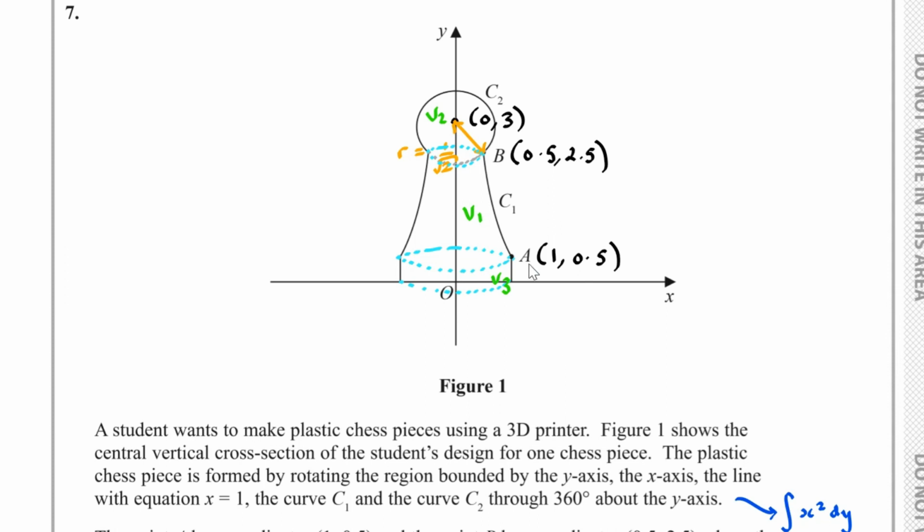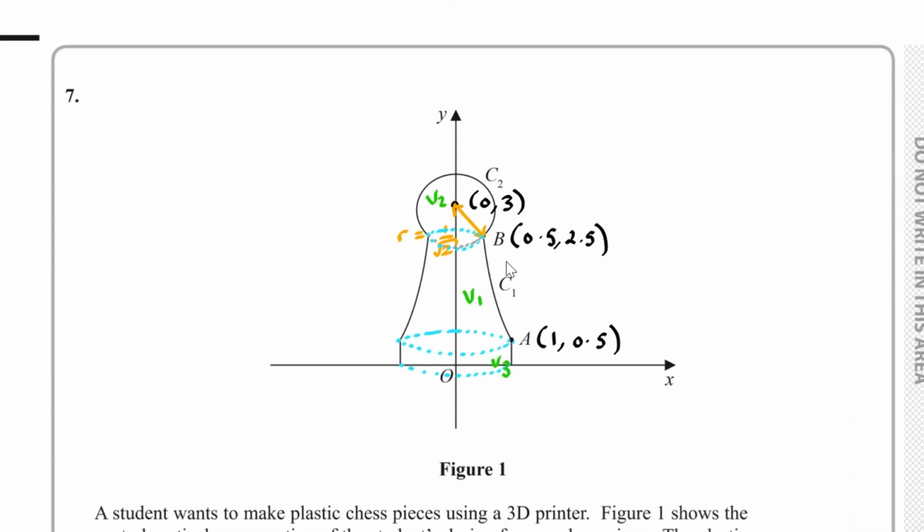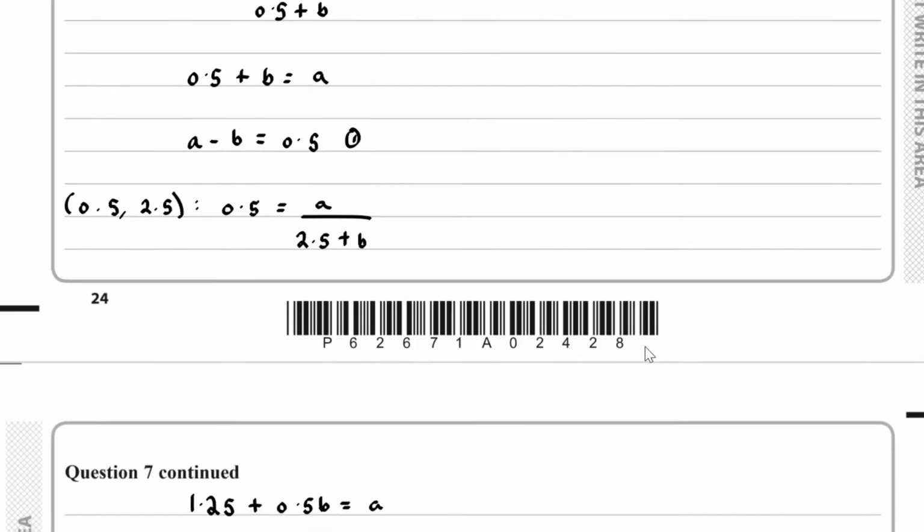So if we think about V1, we're going from, in terms of y, 0.5 to 2.5.